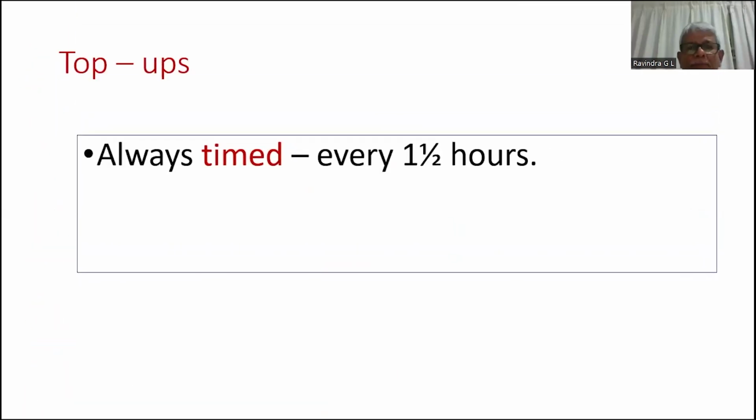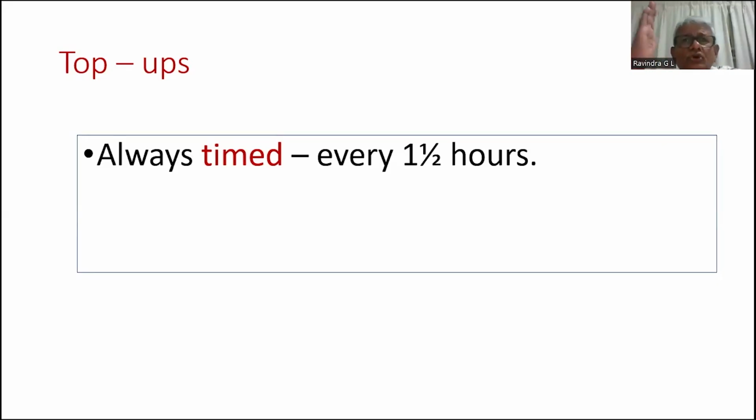Now, the top-ups in labor analgesia are always timed top-ups. We never wait for the labor pains to appear. Normally, it is said that most of these mixtures act for about 100 to 105 minutes. You give one dose of 10 ml or 15 ml of the ULE or LDR and get very good analgesia.